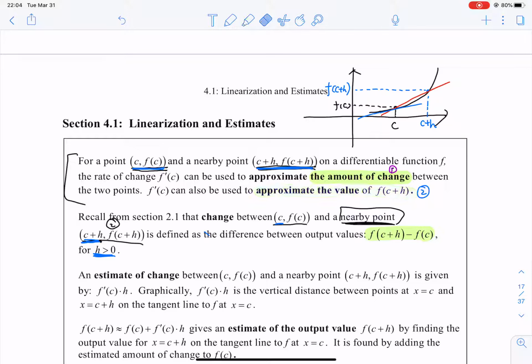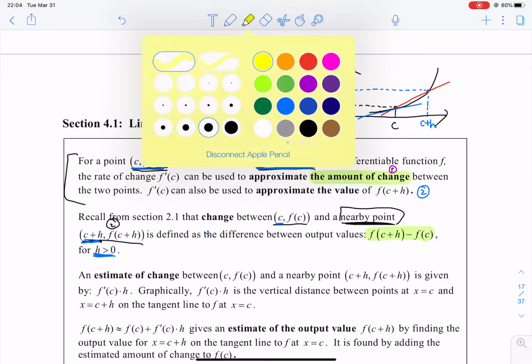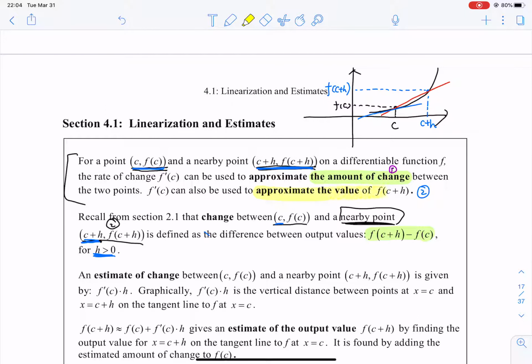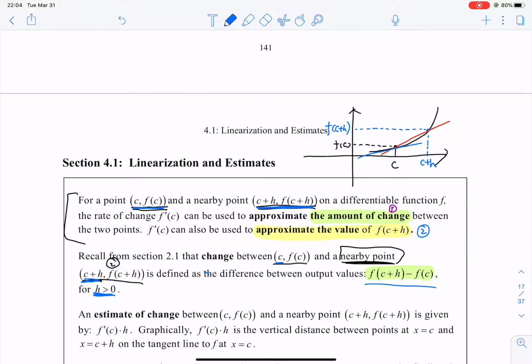Let's change the color. So the blue one is this one. So we know we can estimate the 2 parts, the blue one, the green one, and the yellow one. The green one is just f of c plus h minus f of c. So let's use this function graph right here in the corner. We are given a smooth function f, and 2 nearby points.